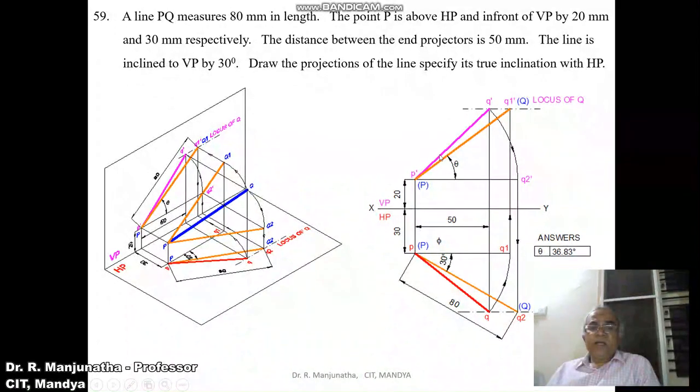The angle is always measured in the counterclockwise direction, wherein theta will be equal to 36.83 degrees when you are doing it in the computer, and when you are doing it manually, it will be 37 degrees. So this is how you will be able to solve the given problem.